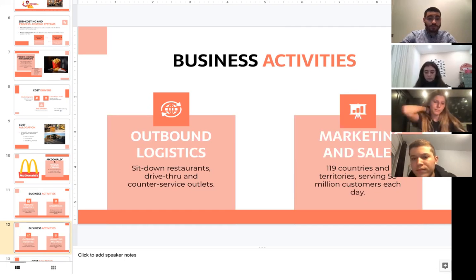And in terms of marketing and sales, McDonald's restaurants are found in 119 countries and territories around the world and serve 58 million customers each day. McDonald's operates over 31,000 restaurants worldwide, employing more than 1.5 million people.